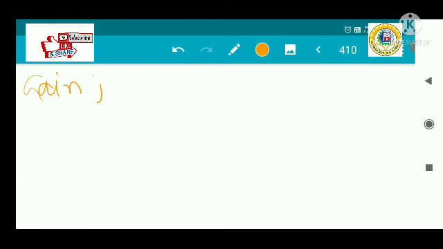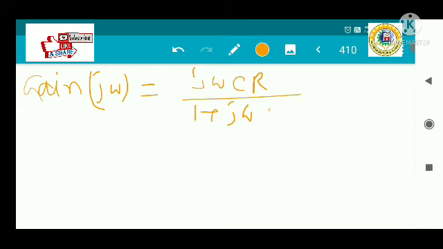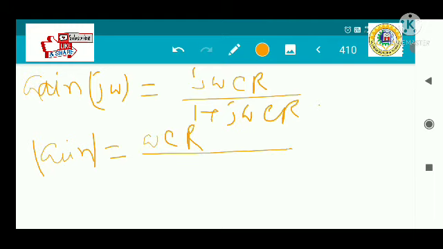Your gain, if you replace the S with J omega, is J omega CR divided by 1 plus J omega CR. Okay, now if you want the gain in mod value, only the mod value of the gain, then it will be nothing but omega CR divided by root over of 1 plus omega CR square.